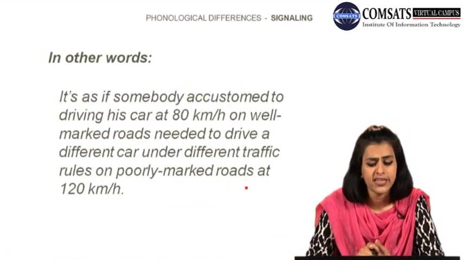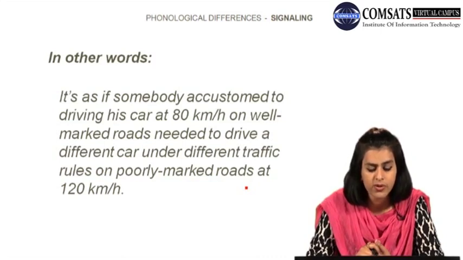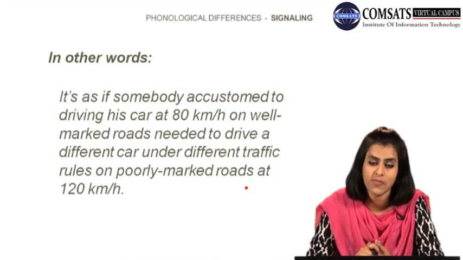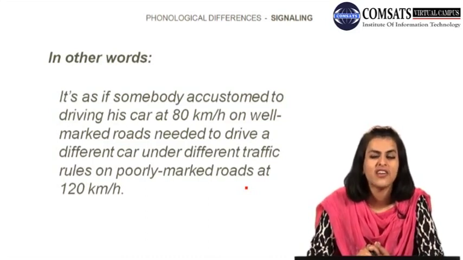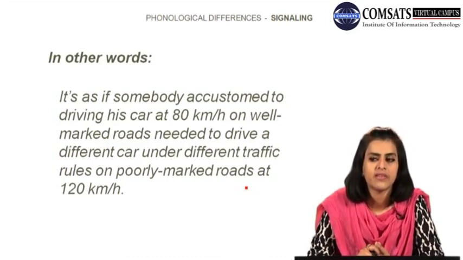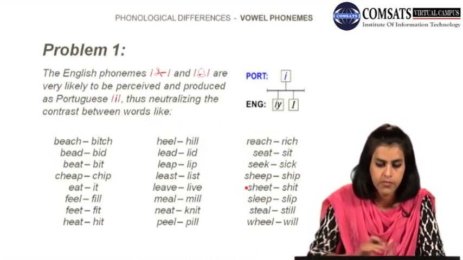In other words, it's as if somebody accustomed to driving his car at 80 km/h on well-marked roads needed to drive a different car under different traffic rules on poorly marked roads at 120 km/h. So it's more rough and more difficult to pronounce any word in another language as compared to the words you are used to pronouncing in your own language.